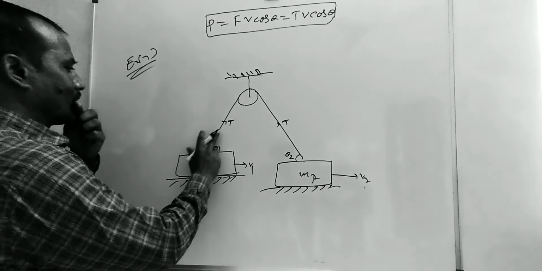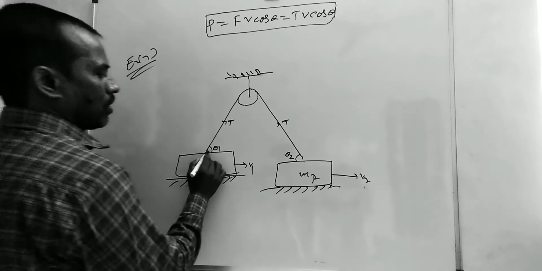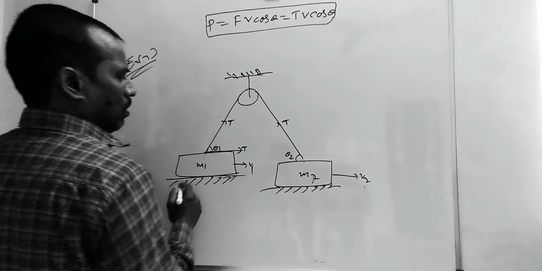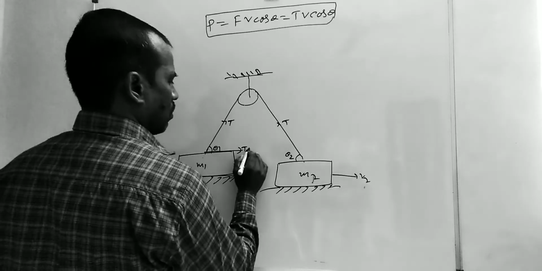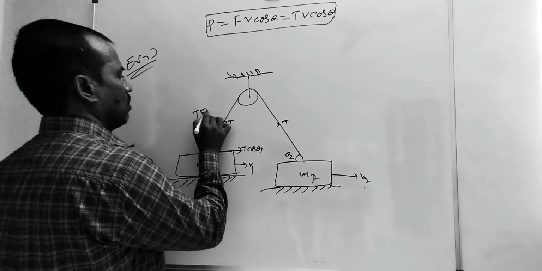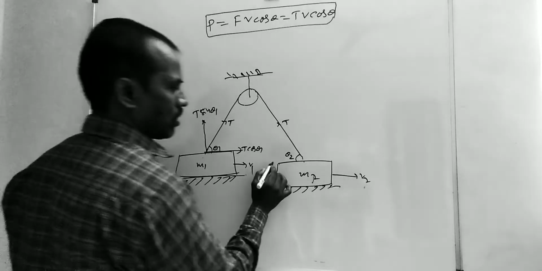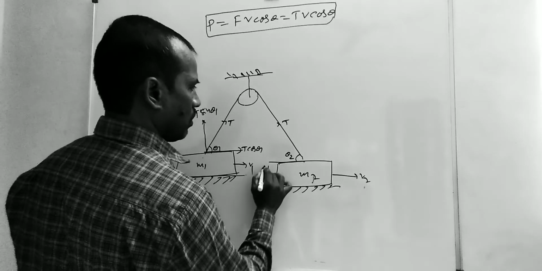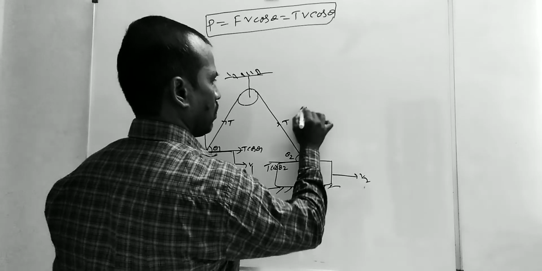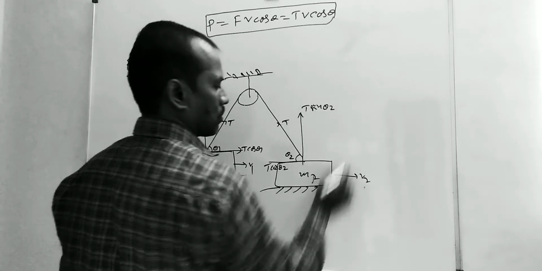For M1, the horizontal component is T cos theta 1 and the vertical component is T sin theta 1. For M2, the horizontal component is T cos theta 2 and the vertical component is T sin theta 2.